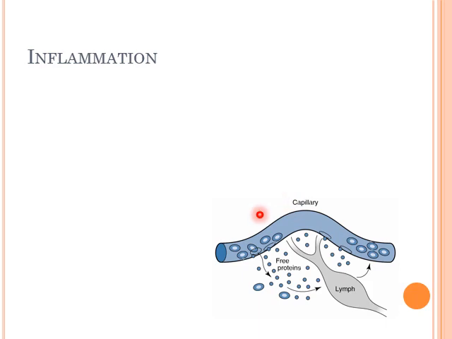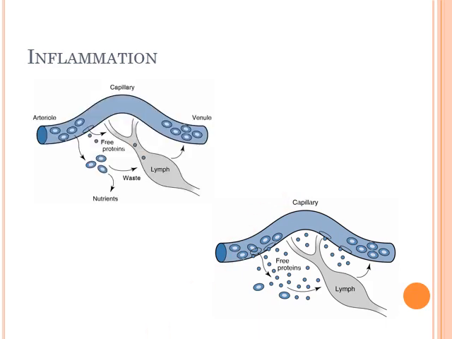Here we're looking again at more of that dynamic going on with the circulation. This is under normal conditions, and we're demonstrating the mechanism for that increase in swelling. So this is normally what happens. Your artery would be coming into your arteriole.